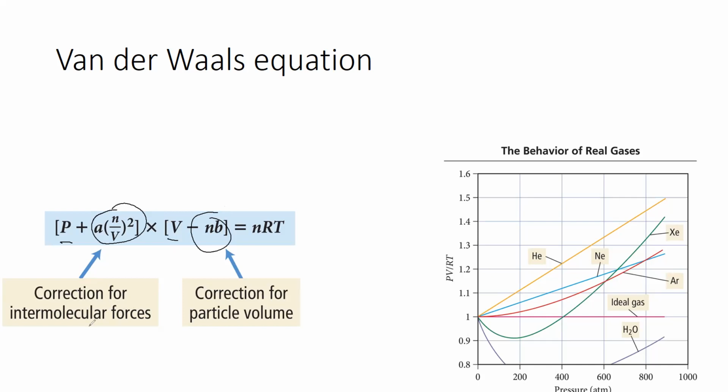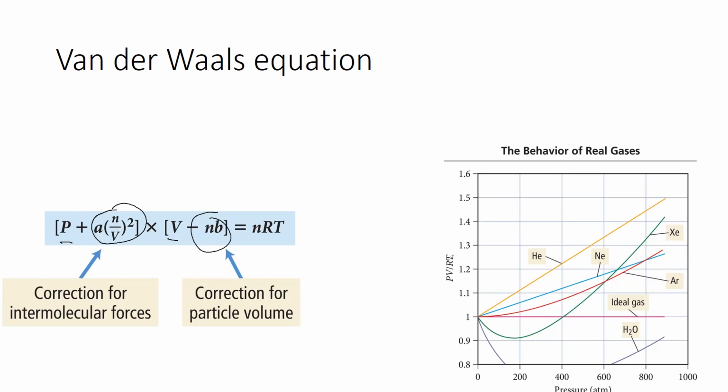That's what I mean by intermolecular forces. It's forces between different atoms. And we also correct for the volume that the gases have, where these a and n and b terms, a and b are constants that are determined for each individual gas. n is moles, b is volume.